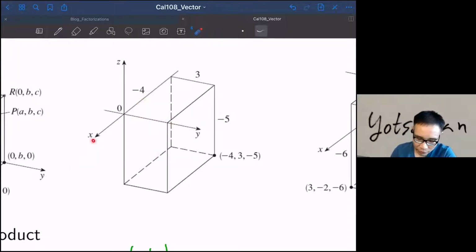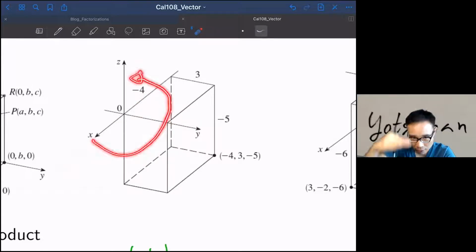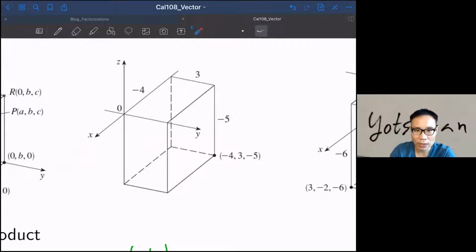So you have x here, y here, and z on top. This one is counterclockwise. So you have the positive sides of x, y, and z respectively, and the opposite of positive turns out to be the negative side. So you're gonna have -4 in x, 3 units in y, so it's going in this direction, and -5 units in z.